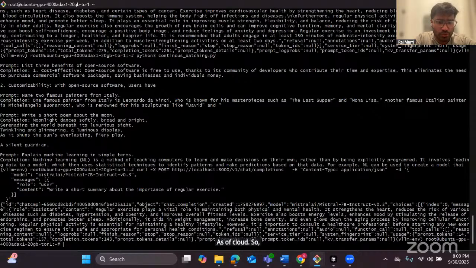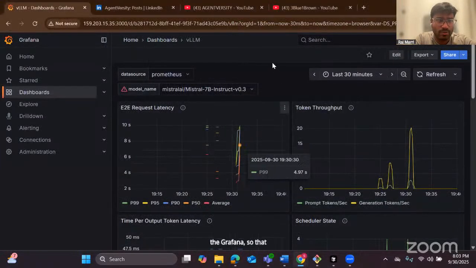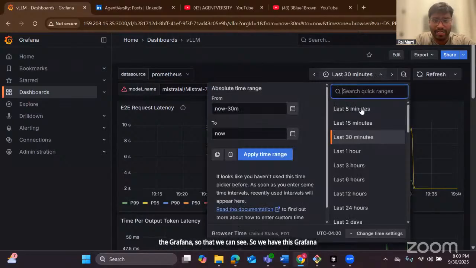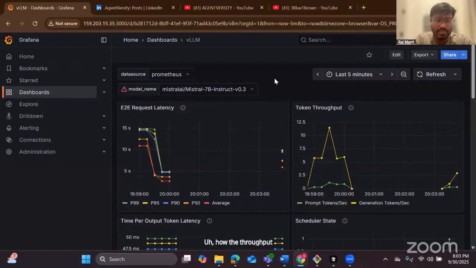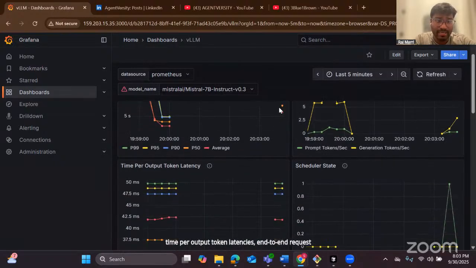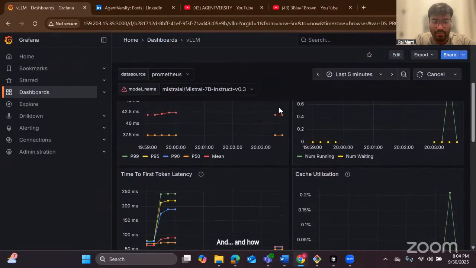Is it possible for you to share the Grafana so that we can see? Yeah. We have this Grafana dashboard where you can see how the throughput is, or even look at time per output token latencies, end-to-end request latencies, and the time to first token latency.